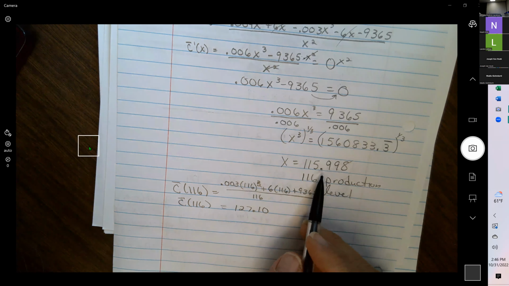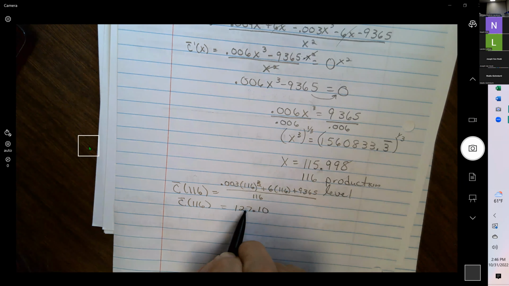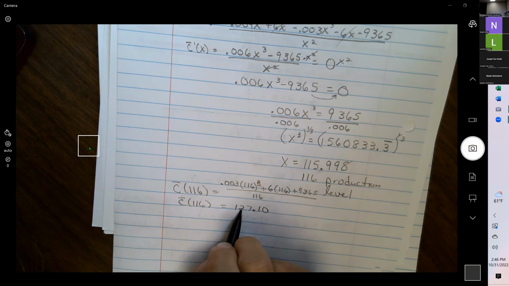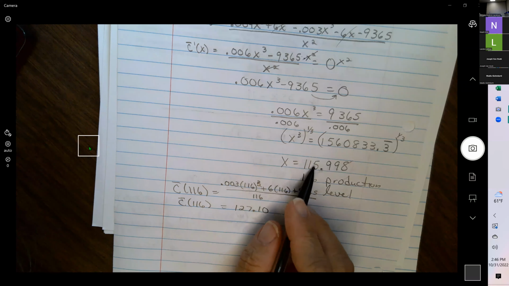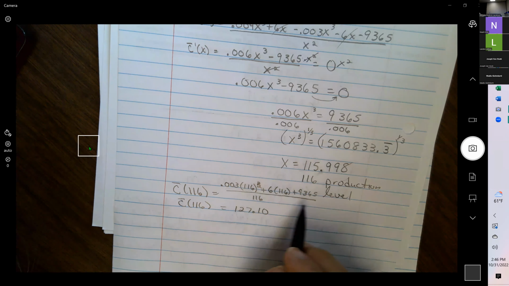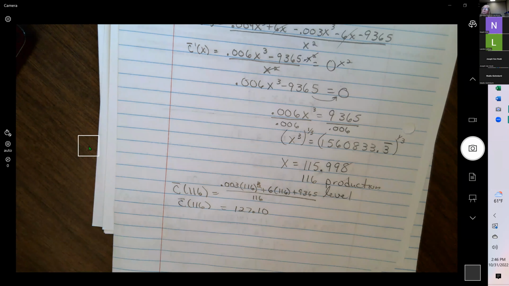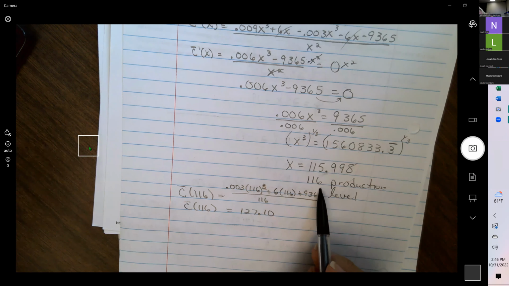What this means is we should produce 116 items at a time. That will give us the smallest average cost, $127 each. But if we go with any other amount, it will be more than that per item. So the production level gives you the best price to have them produced at. So it tells you want to produce 116 at a time.